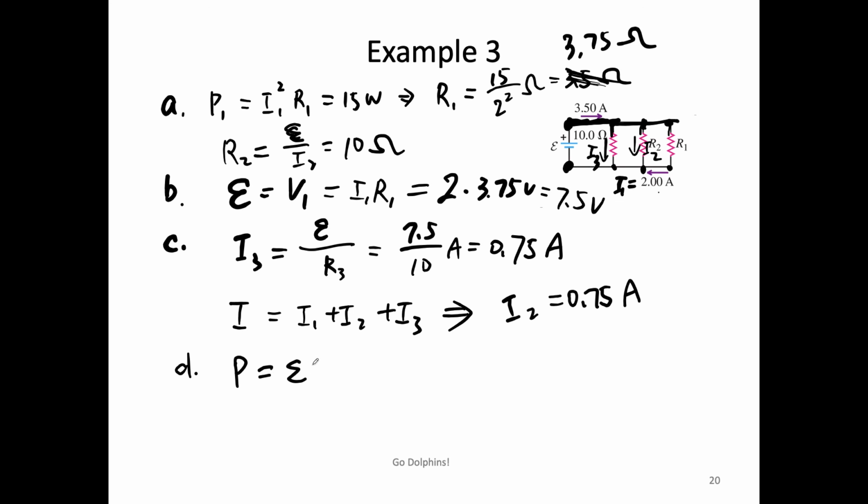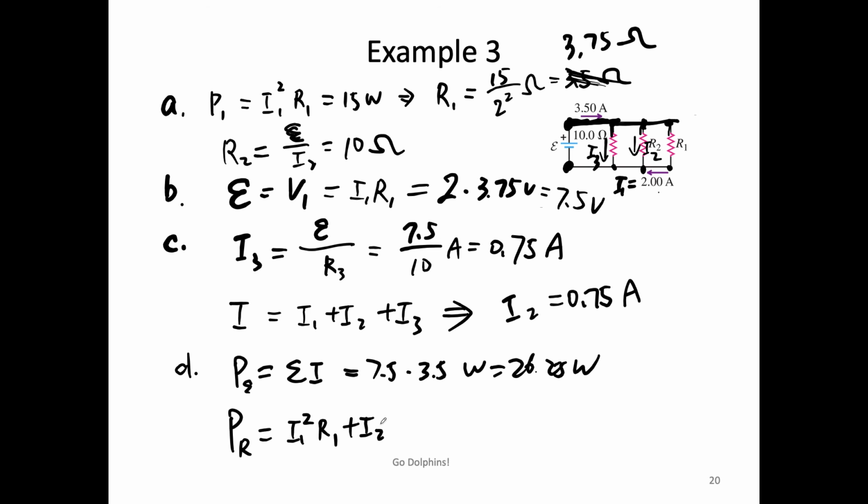It's just epsilon times I. And you just have to check the power at all the resistors: I1 squared R1, I2 squared R2, I3 squared R3.